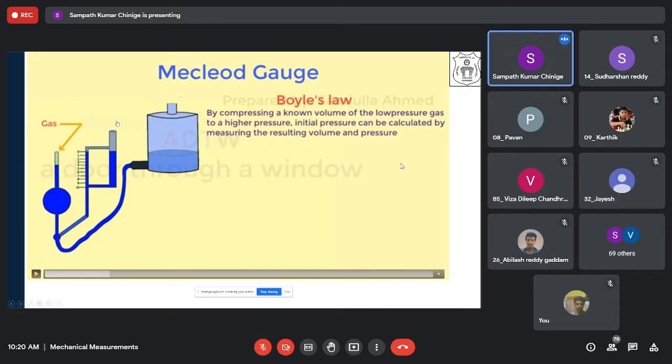A known volume V1 of this gas I am freely entrapping into a tube, up to this point. So I know the volume of this whole pipe along with this circular tank.